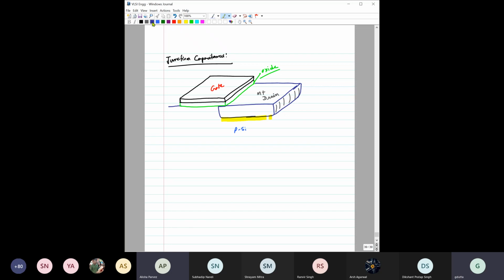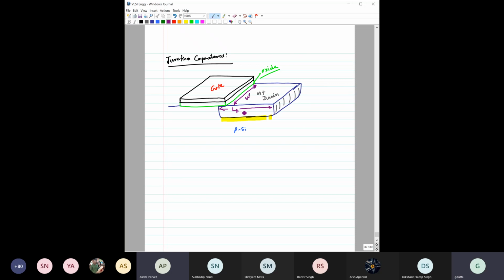Now suppose we want to consider the area to find the capacitance. We know that this width we have referred to as W. So this is the width W, and this length is LD.